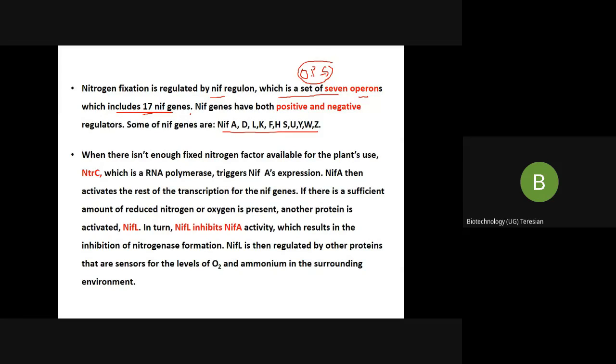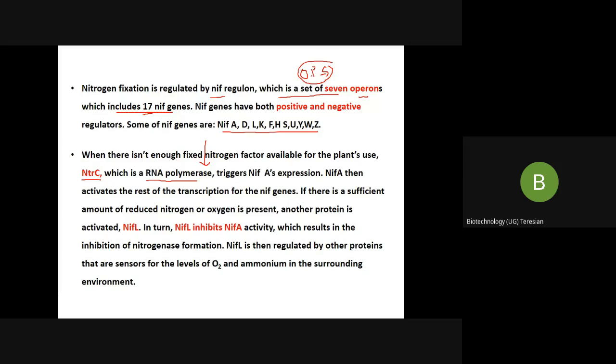So when there is no nitrogen or less nitrogen available for the plant's use, there is a polymerase. What polymerase? It is an RNA polymerase. What is the name of that RNA polymerase? It is NTRC.